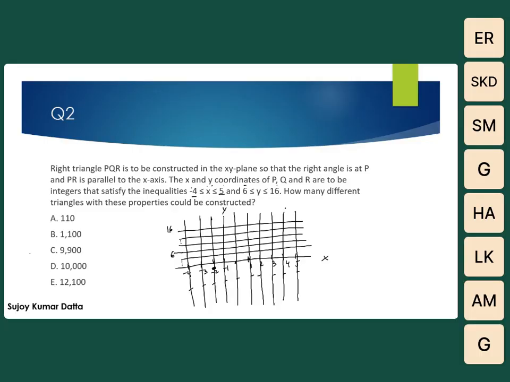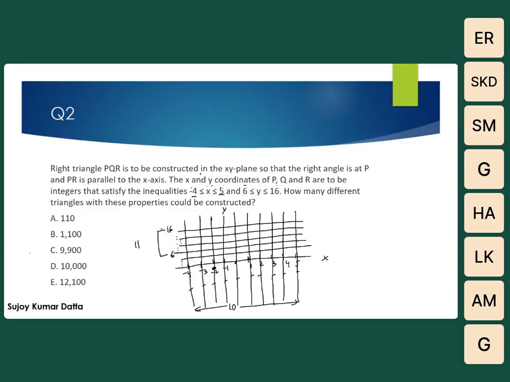So 10 lines here. And 6 to 16 will have 11, because we'll be counting 6, 7, 8, 9, 10, 11, till 16. So it is 16 minus 6 plus 1, and here 5 minus -4 plus 1. So 10 lines here, and here we have 11 lines.